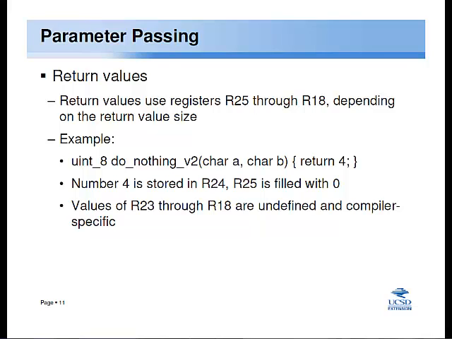So it can actually sort this out one by one, right? For example, I have a version 2 of the do nothing routine, and it will return some integer value. In this case, because my parameters are only using 4 registers, then starting from the 5th and 6th register, I could use them for the return value, right? So that's basically what I do.